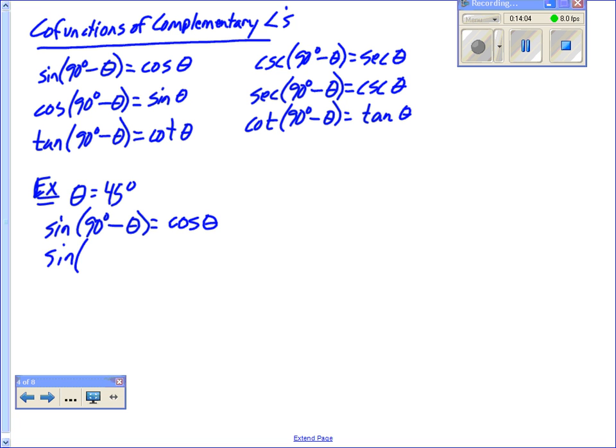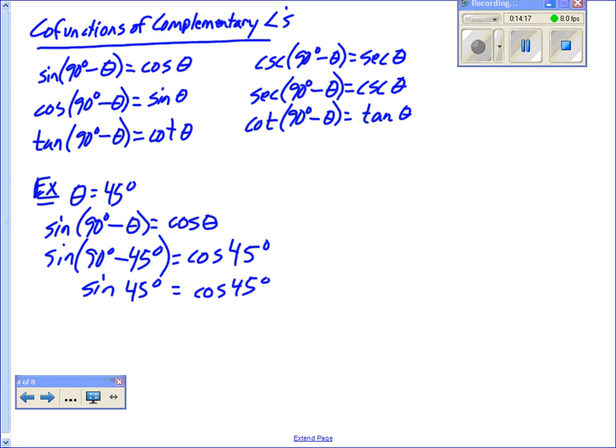So if theta is 45 degrees, guess what? In this case, the sine of 45 degrees is the exact same thing as the cosine of 45 degrees. So you just got to say, oh, well, 45 degrees, I could figure that out. So that's 45, 45, 90, 1, 1, root 2.